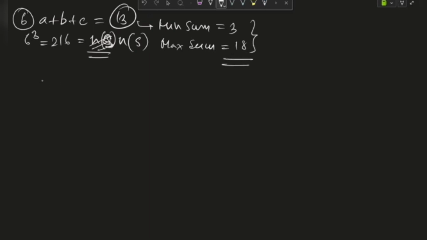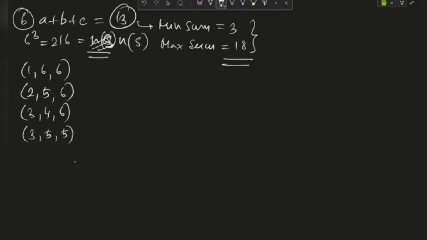So now if we try to build our cases, you can do it as you want, but the first case coming to my mind is 1, 6, 6. Another can be 2, 5, 6: 5 plus 2 is 7, plus 6 is 13. The next one can be 3, 4, 6. We can have 3, 5, 5 as well: 10 plus 3 is 13.